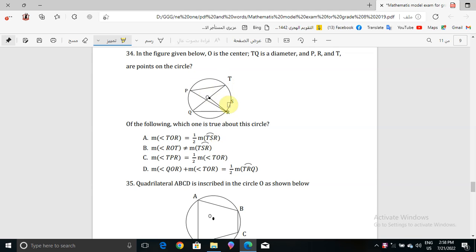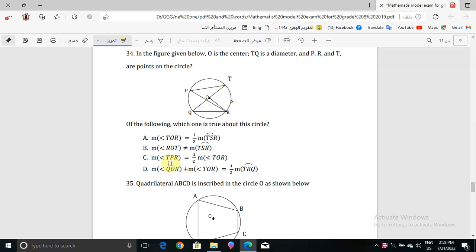No, it's not correct. Now here, the measurement of ROT is not equal to the measurement of TSR. No, it's not correct here.